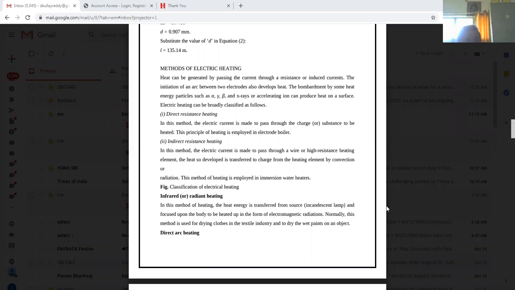The second one is indirect resistance heating. In this method, when electric current passes through a wire or high resistance heating element, the heat developed is transferred to the charge from the heating element by convection or radiation.